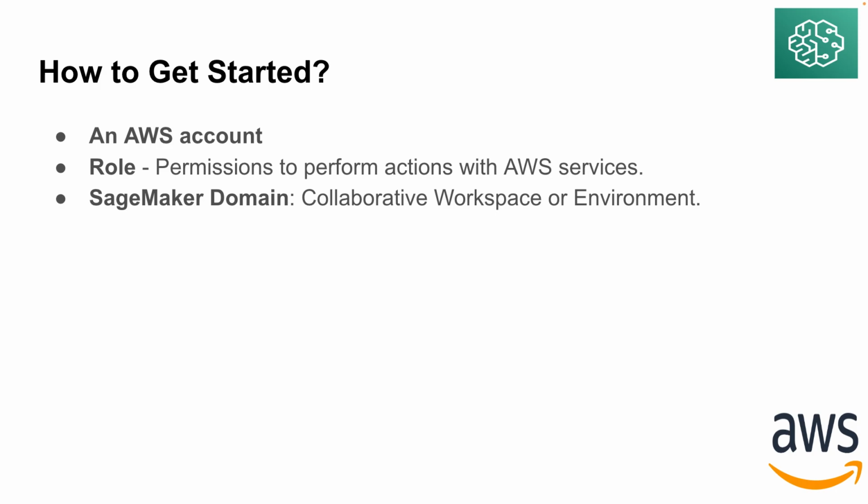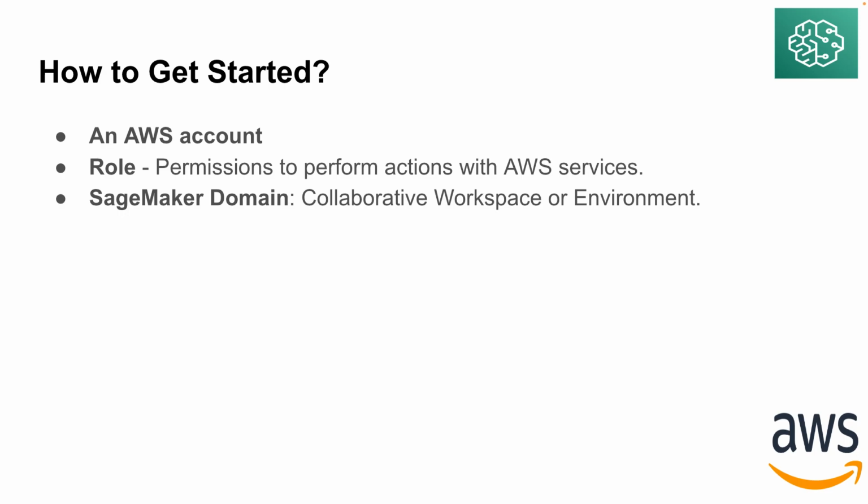What is a SageMaker domain? It is like a shared location. If you're a team of 10 data scientists, it's a shared location where you can write code, and other team members can collaborate on what you are doing. It shows you all your artifacts, all your code files. So let's say you are a data scientist and you want to share the notebook with an ML engineer.